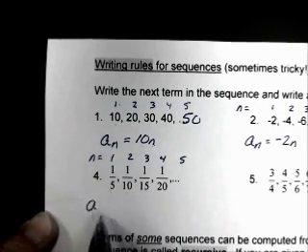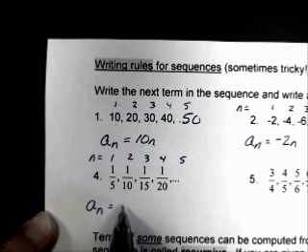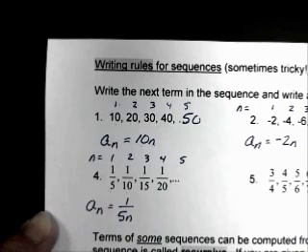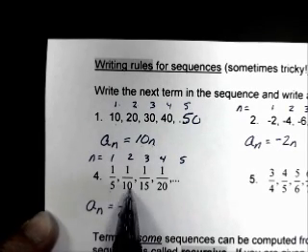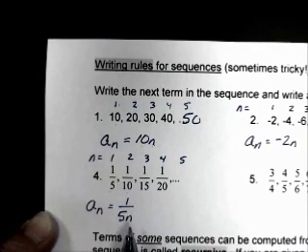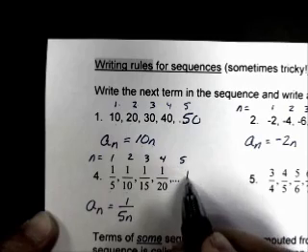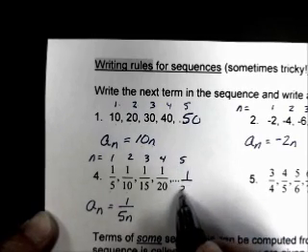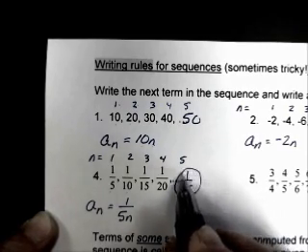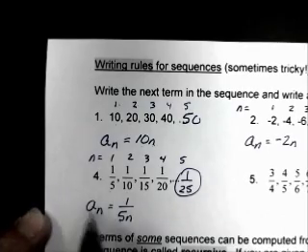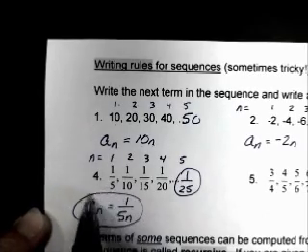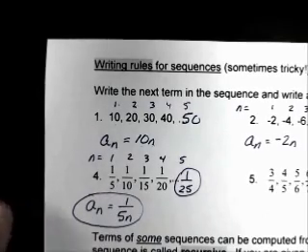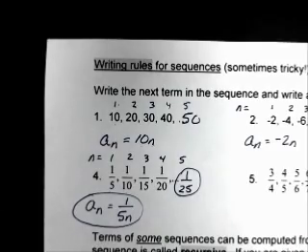So our expression is a sub n equals 1 over 5n. 5 times 2, 10. 5 times 3, 15. 5 times 4, 20. So our next term would be 1 over 5 times 5, which is 25. So 1 over 25 is our next term. And our expression, a sub n equals 1 over 5n.